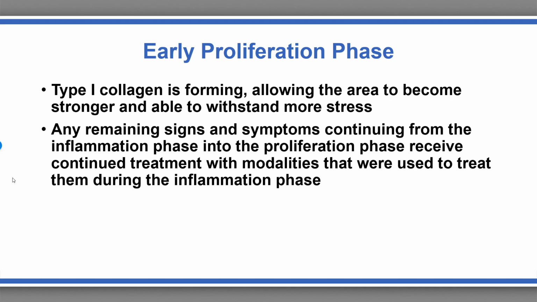As we move later on into the proliferation stage, heat type therapies can be frequently used in place of cold therapies, as can electrical stimulation. Joint mobilizations used to reduce pain and improve mobility of soft tissues can occur, as well as stretches to promote range of motion and improve mobility within the joint.